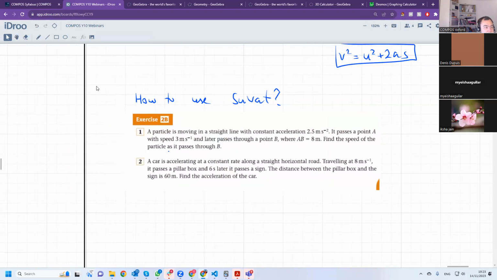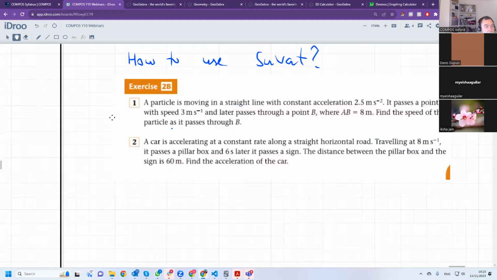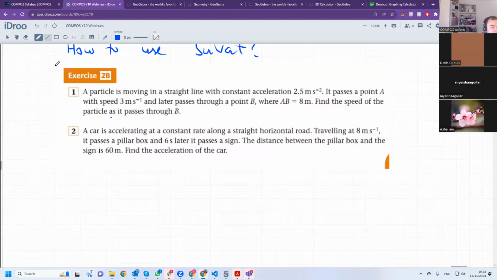So question one. A particle is moving in a straight line with a constant acceleration. It passes a point A with speed 3 and later passes point B, where AB is 8. Find the speed of the particle as it passes through B. So you write down Suvat. Displacement is 8 meters.